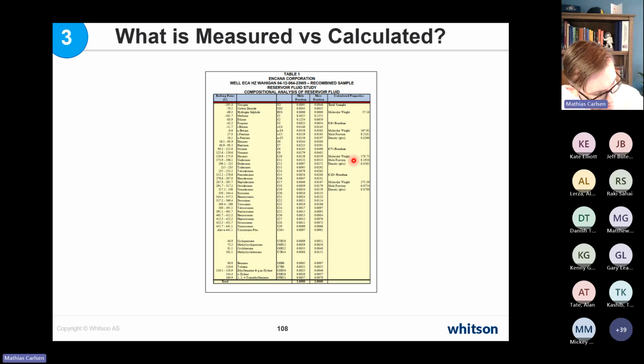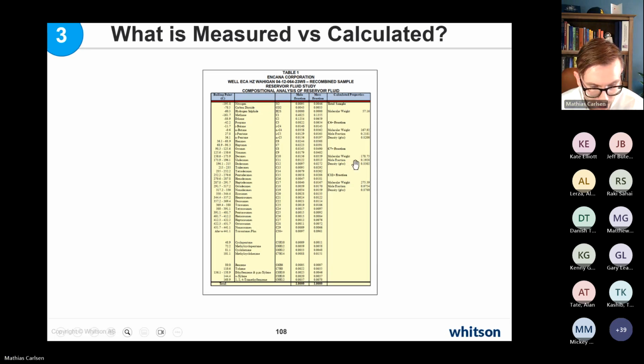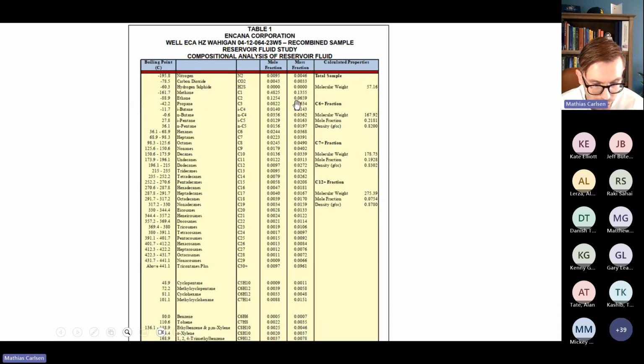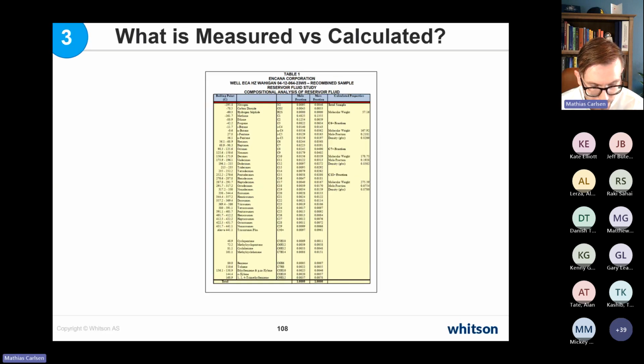So I'll give you a moment. What on this slide is calculated and what is actually rawly measured?